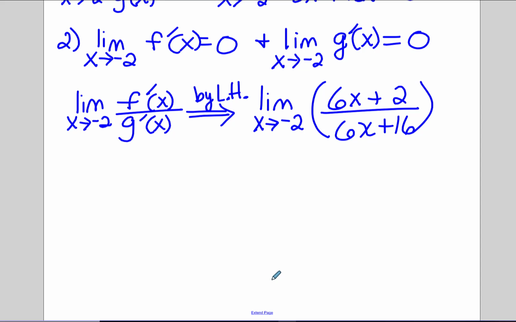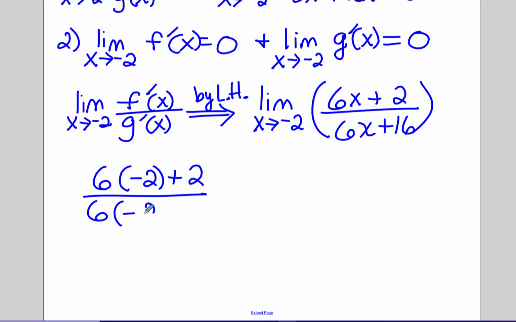What happens with the second derivatives? Well, when we put in 6 times negative 2 plus 2 and divide it by 6 times negative 2 plus 16, we end up with a number.